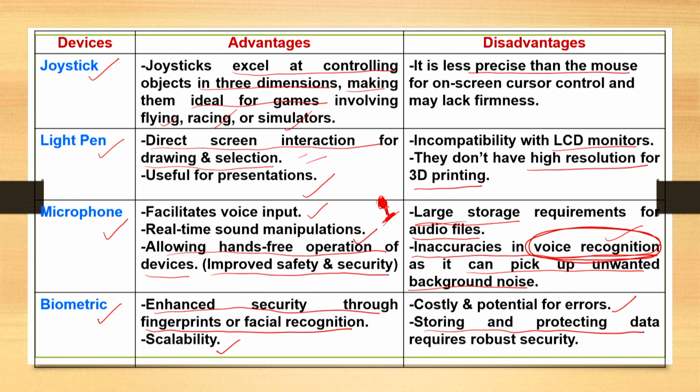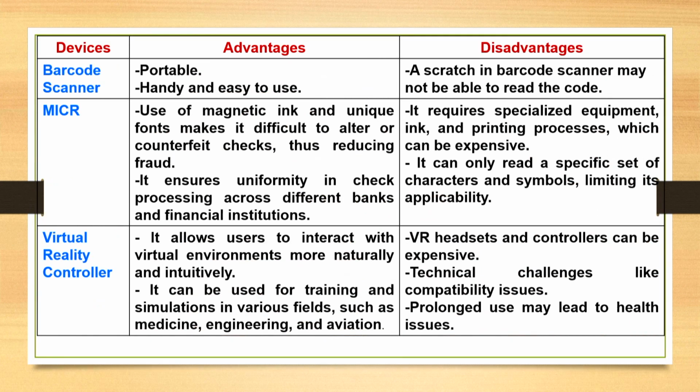Nowadays, in most industries as well as in academics, this biometric system has been installed for keeping a record of the employees' attendance. So, this was all about joystick, light pen, microphone and biometric.